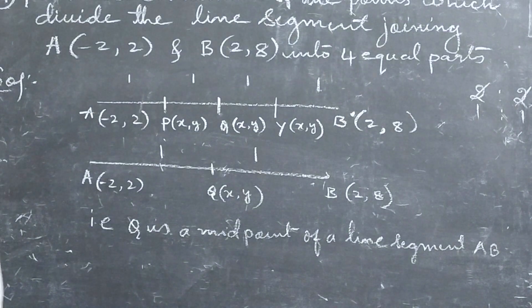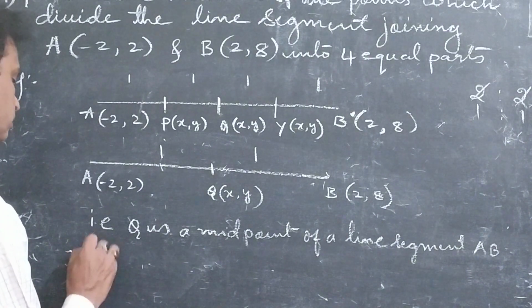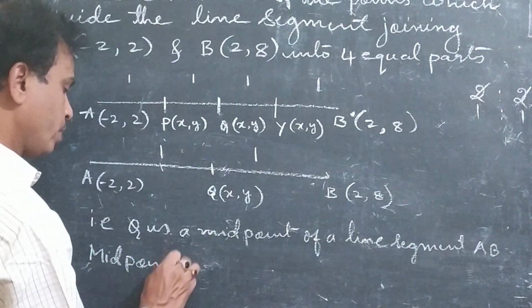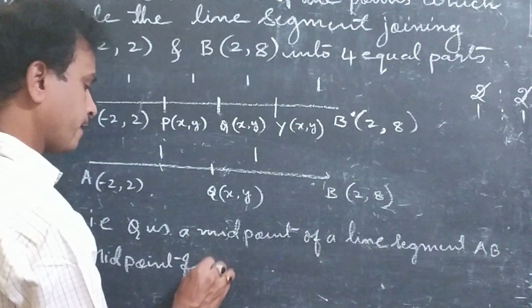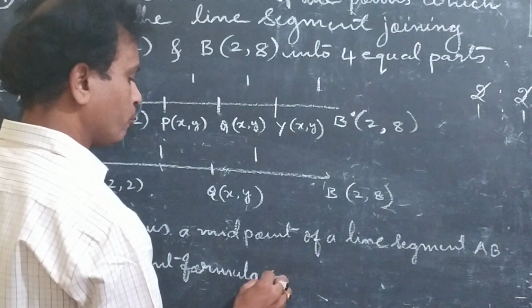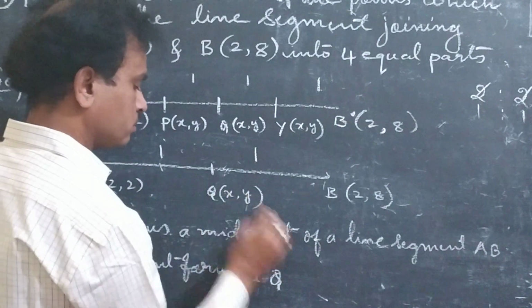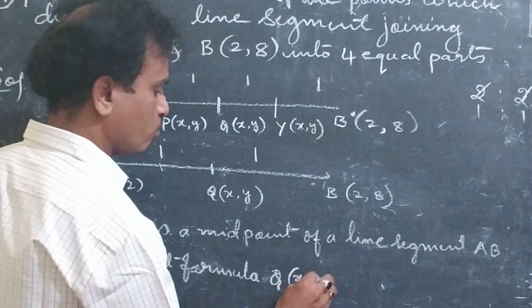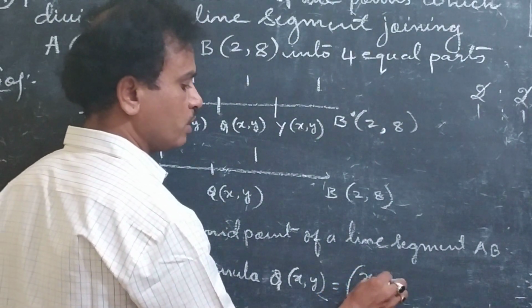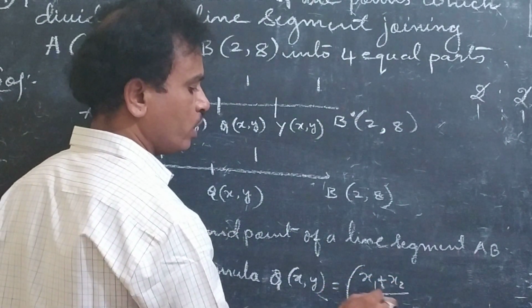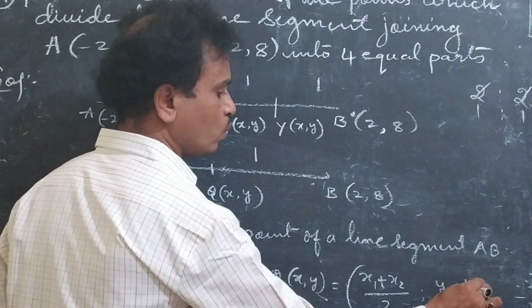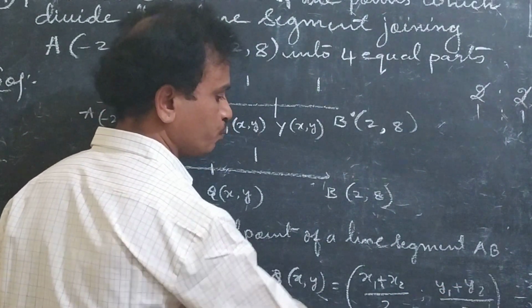Then we can use the midpoint formula. What is that formula? x, y is equal to x1 plus x2 whole divided by 2, then y1 plus y2 whole divided by 2.